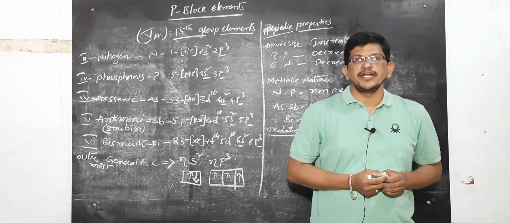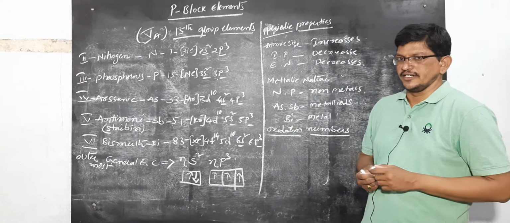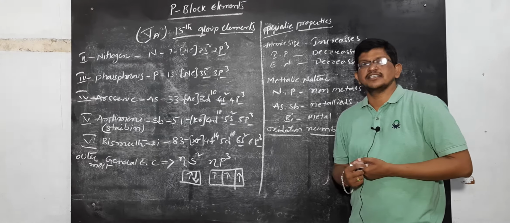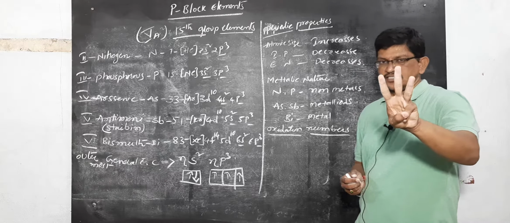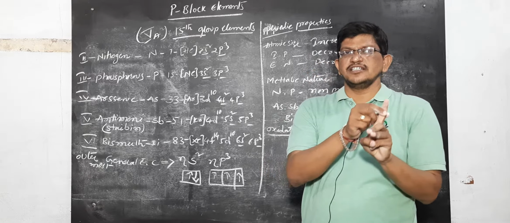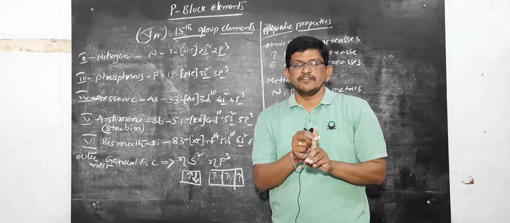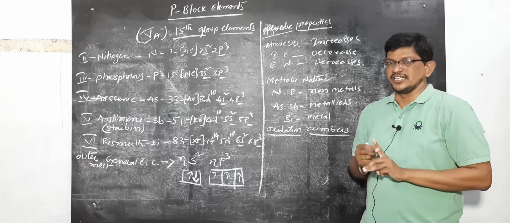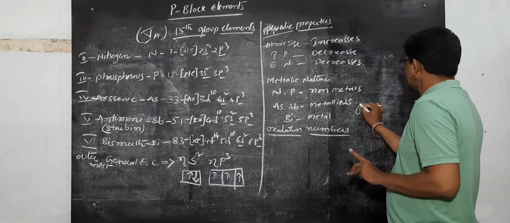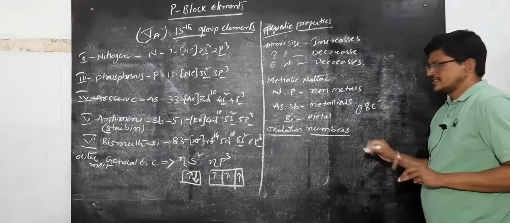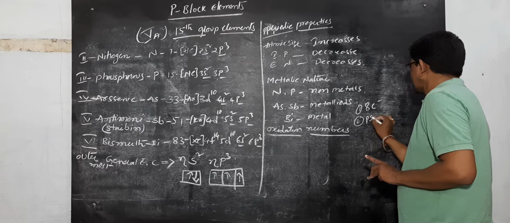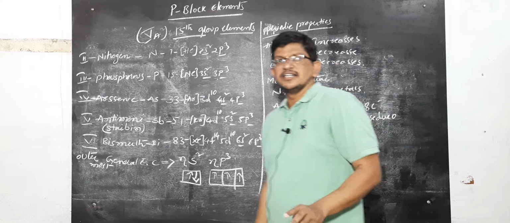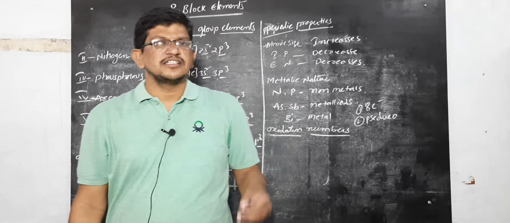Each and every element tries to get stability. They participate in chemical reactions. So in how many ways do they get stability? In 3 ways. First, the octet configuration: if an element has 8 electrons in its outermost orbit, it has stability. Second is the pseudo-inert electronic configuration: if an atom has 18 electrons in its outermost orbit, it has stability.